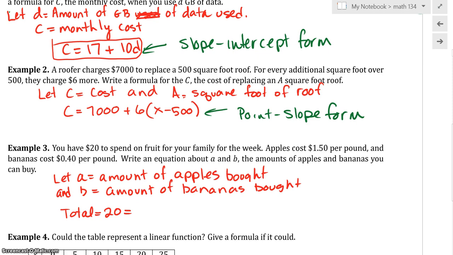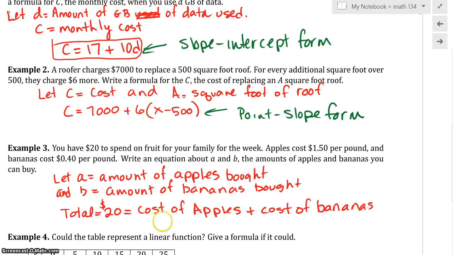So that is going to be the amount of apples, oh, cost. That's $1. So put $1 there. Cost of apples plus cost of bananas. So $20 is the cost of apples plus the cost of bananas. So let's put a 20 here.